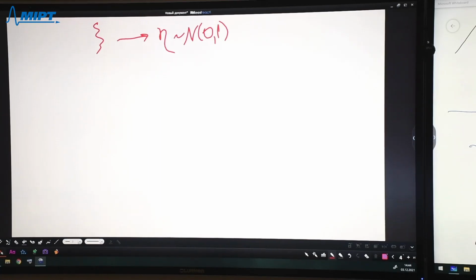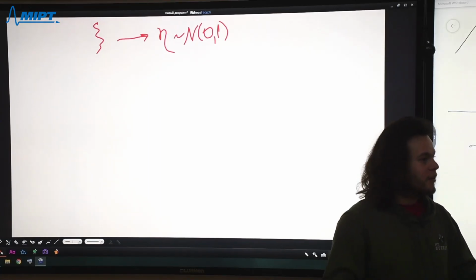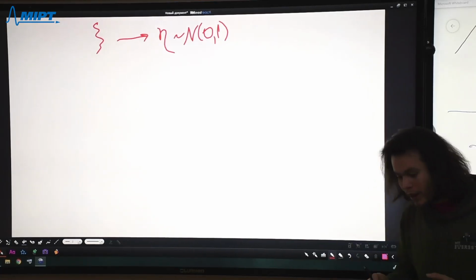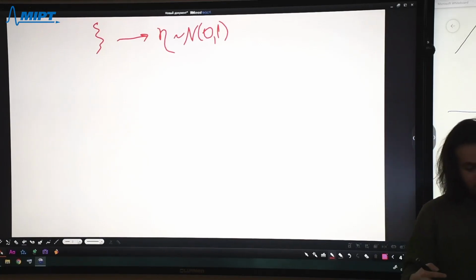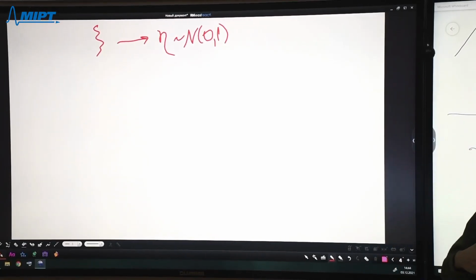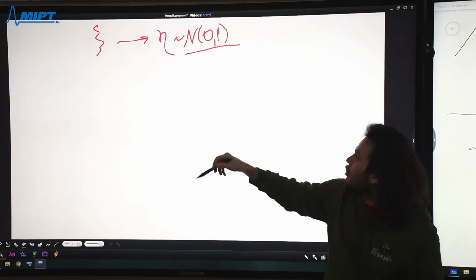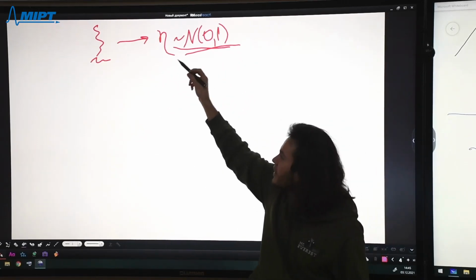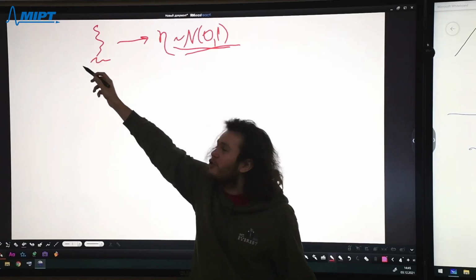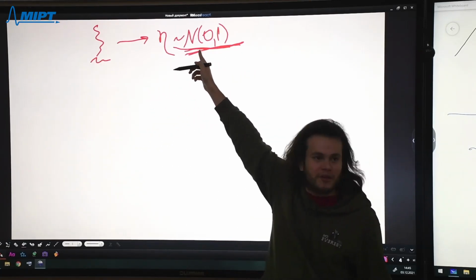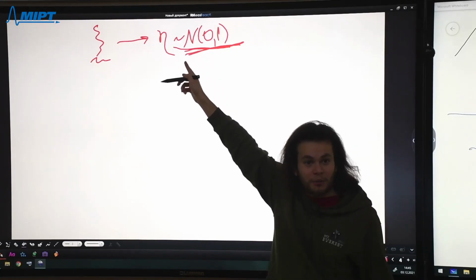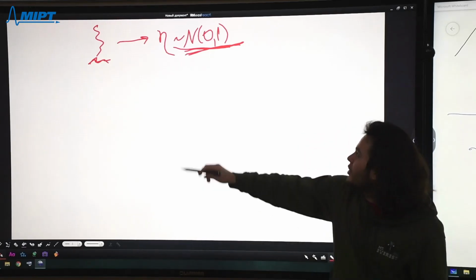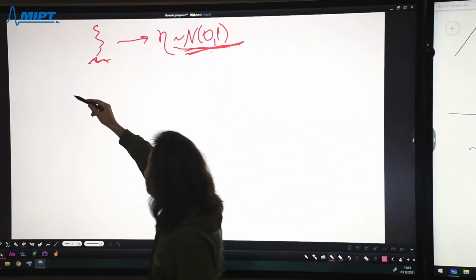But if you can repeat this experiment, flipping this coin 1 million times, then at the end you will get this distribution. No matter what distribution we have for psi, you will get this distribution somehow. And you can find the expected value of this random variable using just the values that we know. This is why this is very important. It doesn't matter if it's discrete or absolutely continuous, we have this.